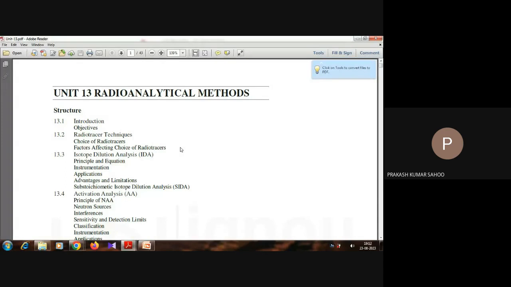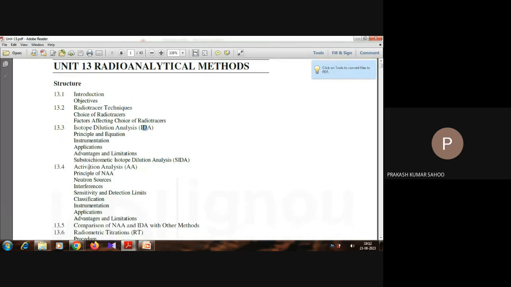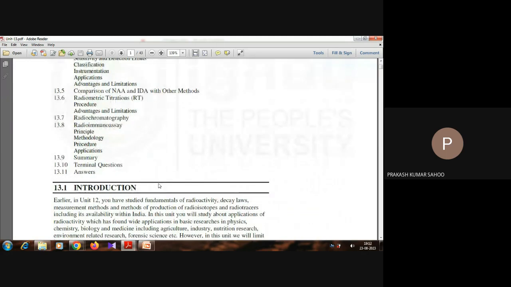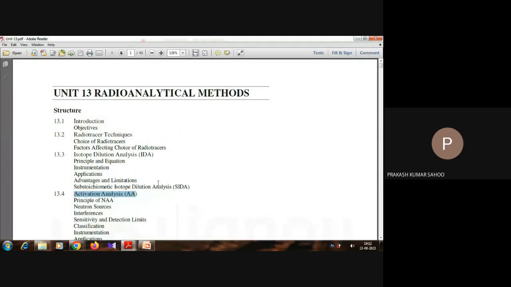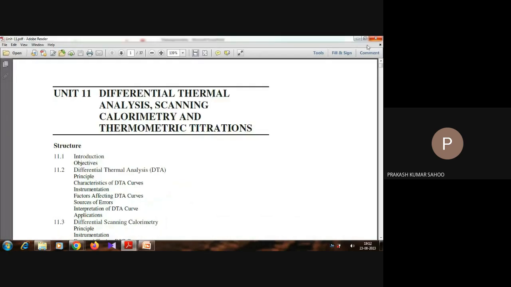And in this part we will have radiotracer, then isotope dilution analysis, then substoichiometric isotope dilution analysis, activation analysis. These are related to radio analytical methods.